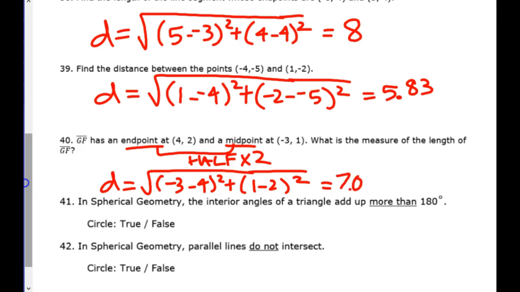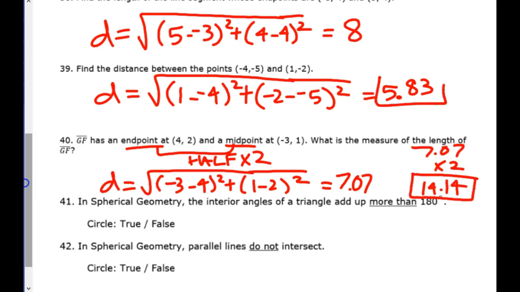So I got 7.07. So I'm going to do 7.07 times 2. And I get 14.14. Okay. Don't forget to multiply by 2.